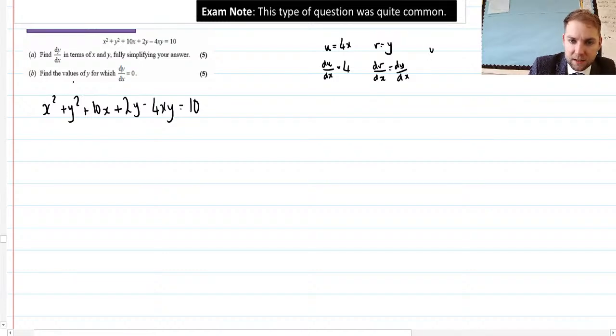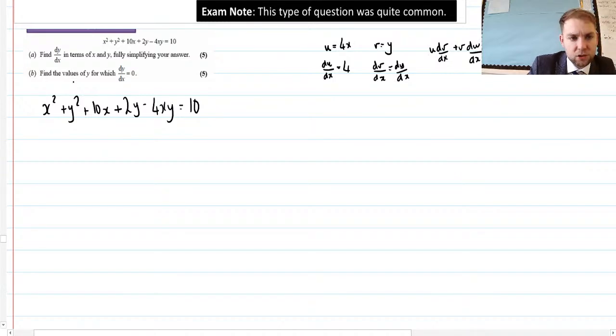If I sub that into u dv by dx plus v du by dx, that's equal to u, which is 4x, times dy by dx, so 4x dy by dx plus v du by dx, so v is equal to y, so it's going to be 4y.